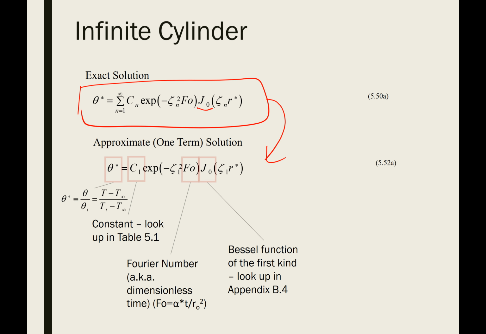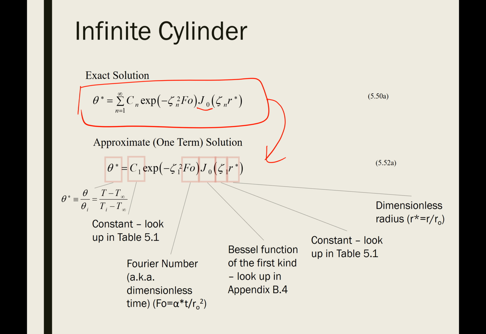This is just a function that comes up when you solve differential equations of this form. Again, we have our zeta constant from that same table, and now we have our dimensionless radius. So it's just plugging and chugging, making sure we're keeping track of each of these terms. Then what we actually solve for is this relative dimensionless temperature, and you can just back solve to calculate what the actual temperature is based on that.